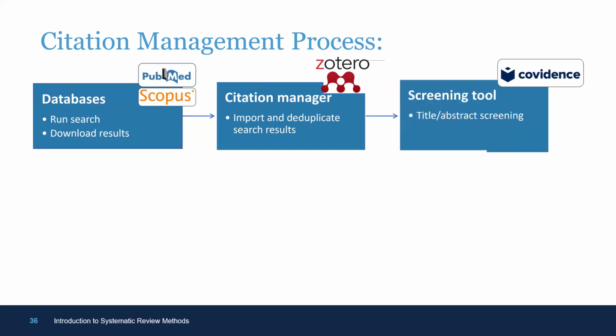Once you do that, there's what we call the screening tool. I use Covidence. Covidence is what I've used in all my systematic reviews. I get all that I've got from my searches and send them to Covidence. In Covidence, I'll be able to see the duplicates and do my screening, and I'll take you through the screening that I do when I use that.